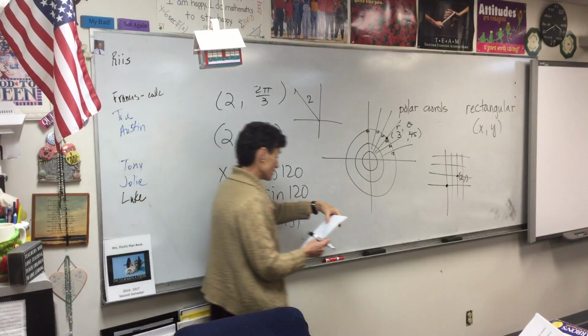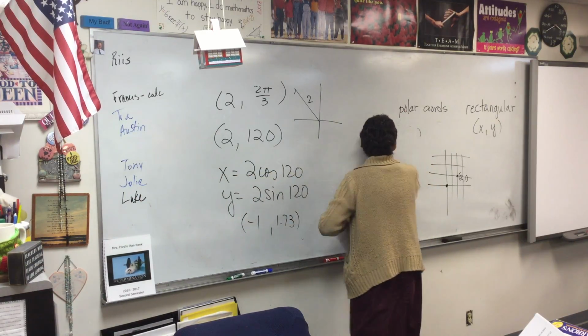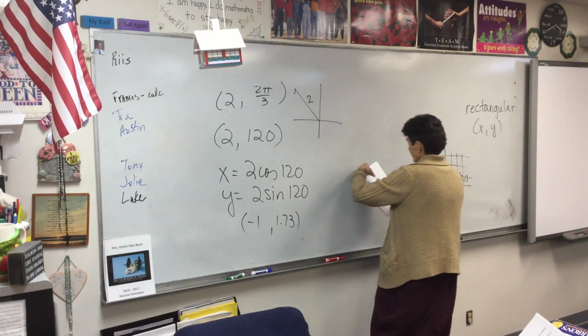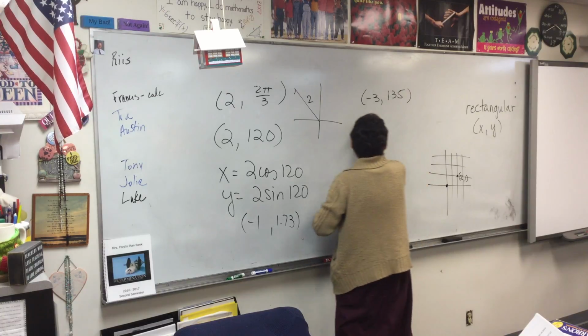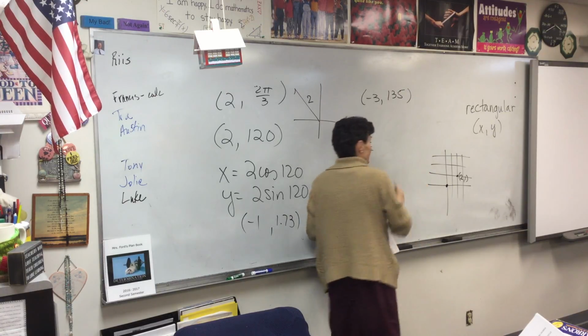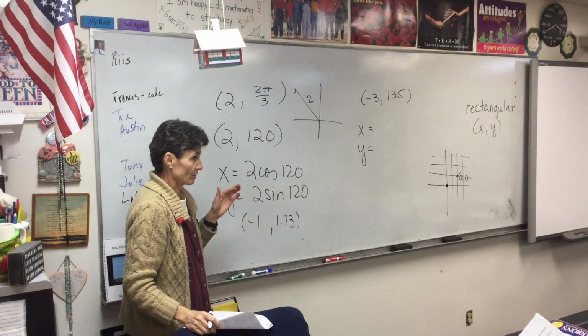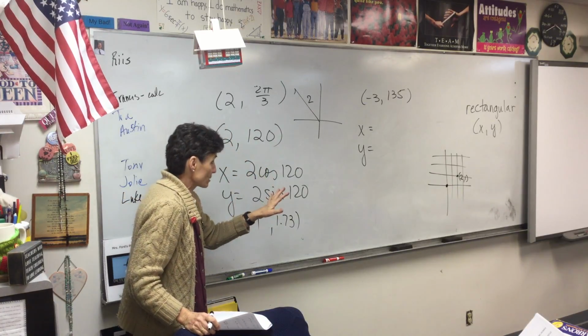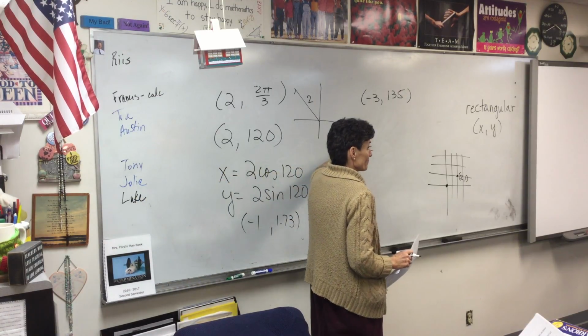So let's look at the next problem, B. Again, you've been given polar, and your job is to figure out x and y. Anytime it says find rectangular, you're looking for x and y.